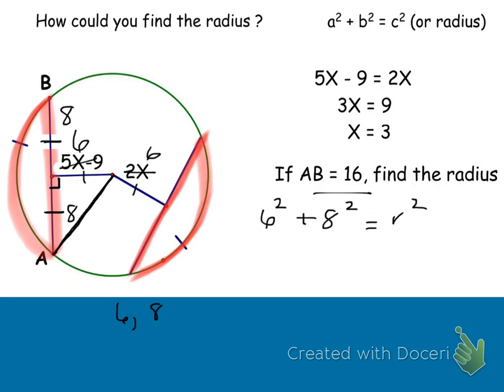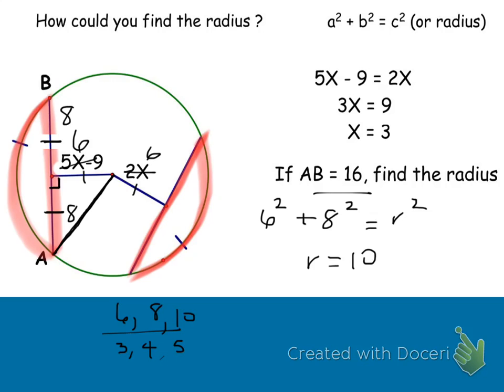Well, if I divide them by 2, I end up with 3 and 4. And if I have a 3, 4, 5 triangle, and I multiply this by 2, I end up with 6, 8, 10. So my radius is going to equal 10 units.